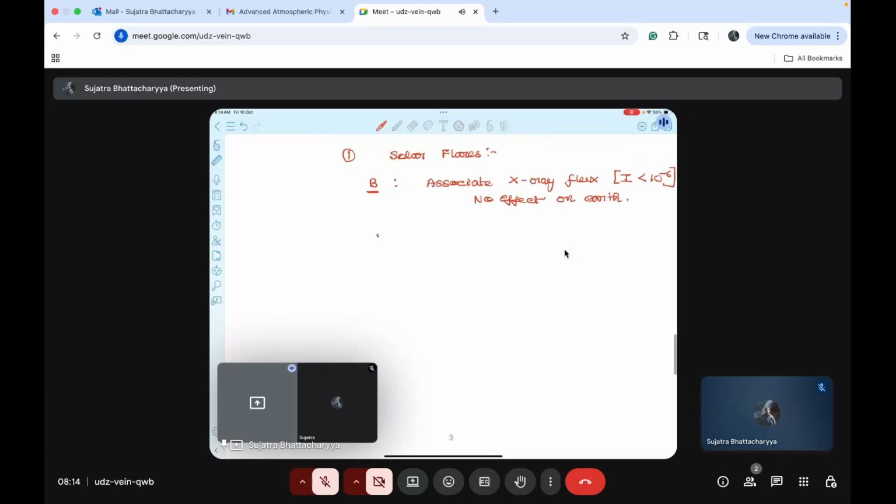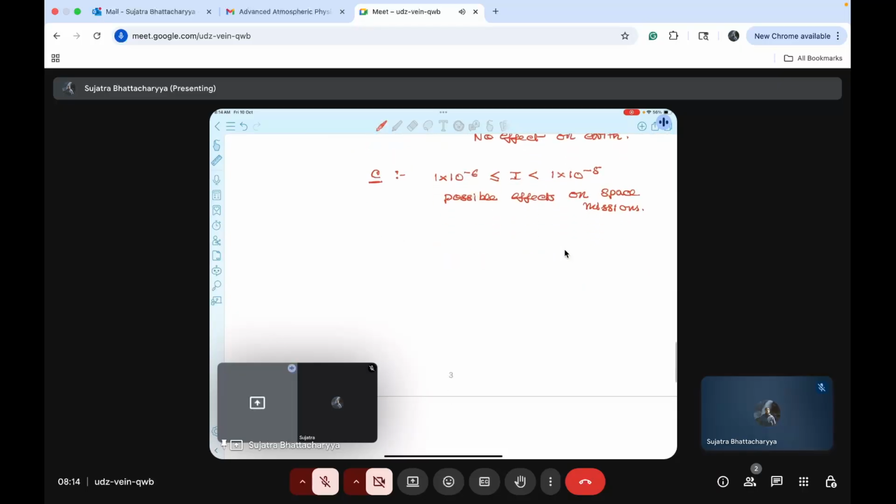Next is C. C type intensity is 1 into 10 to the power minus 6 to 1 into 10 to the power minus 5. So this has possible effects on space missions. Next is M. M has 1 into 10 to the power minus 5 to 1 into 10 to the power minus 4.